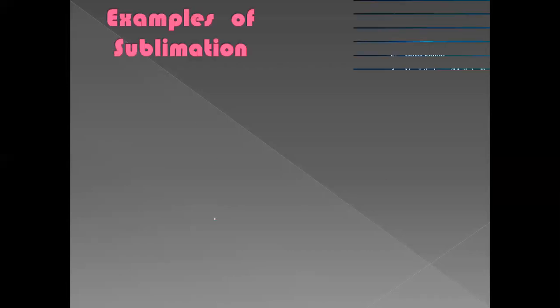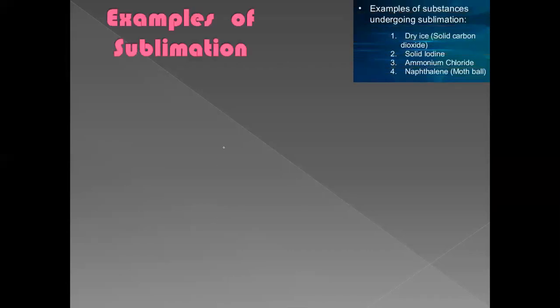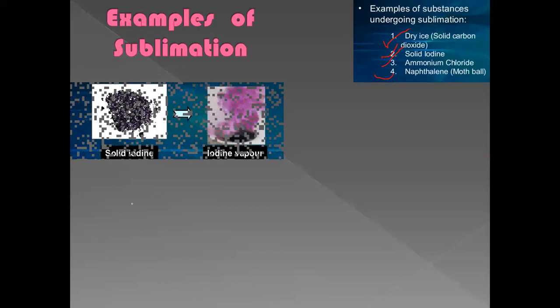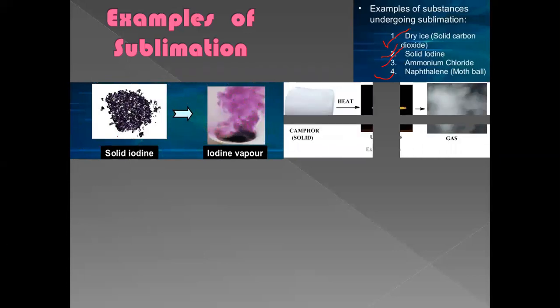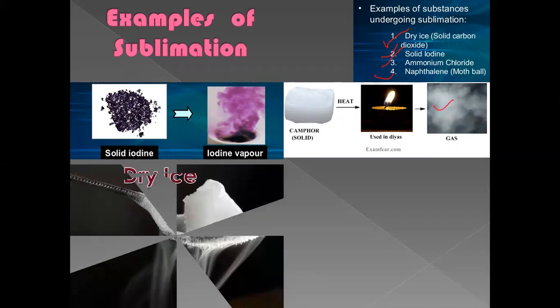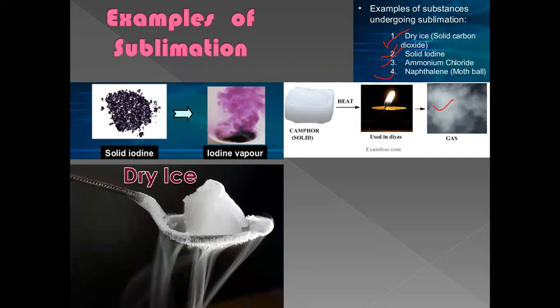So here are some examples of sublimation. That is dry ice, which we have seen before. Solid iodine we have seen before. Ammonium chloride, camphor and naphthalene balls, which we use for daily purposes. Like solid iodine, you can see that it changes directly into iodine vapors. Camphor is solid, on heating it changes into gas directly. And this is dry ice, solid carbon dioxide, which directly changes into gaseous form.